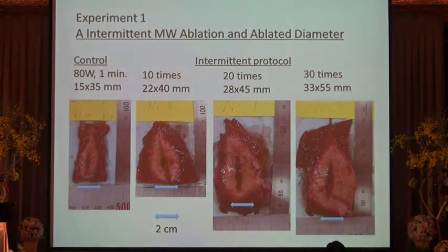You can see here, the right side is the conventional Japanese protocol, and it creates a short axis diameter of 1.5 centimeters. The intermittent protocol repeated 10 times creates almost 2 centimeters, 20 times makes more than 2.5, and 30 times creates more than 3 centimeters in diameter.